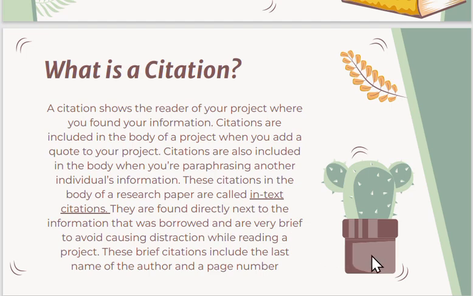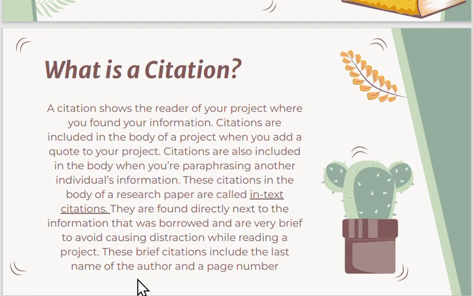They are found directly next to the information that you use in your research paper, and as I told you, it is very brief. So you have to document your research paper and mention the author. And if you mention some information about the author, you have to use what?